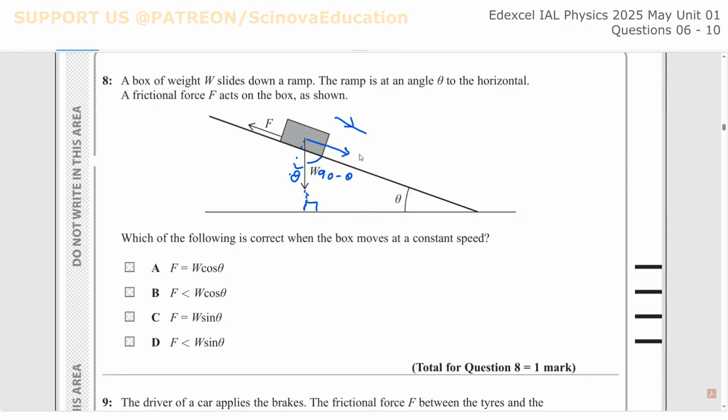So if we resolve weight into two components, one component parallel to the ramp is W sine theta. The other component is perpendicular to the ramp, which is W cos theta. So force F should be equal to W sine theta. So the answer should be C.